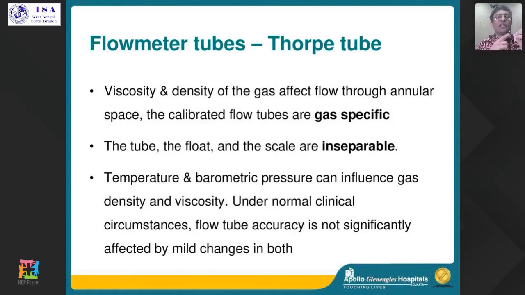You cannot let a nitrous flow in through an oxygen flowmeter tube and calibrate it. The tube, the float, and the scale are inseparable because that is how they have been calibrated. Though density and viscosity are influenced by temperature and barometric pressure, in clinical scenarios people have figured out that this should not influence the flows.